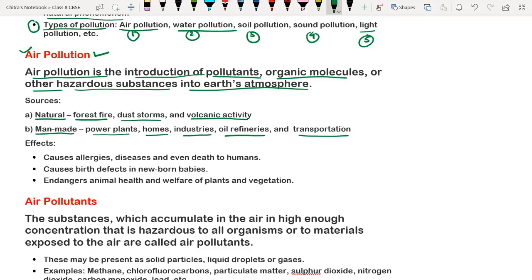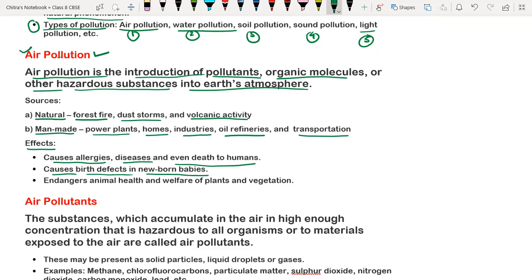Now we have to understand the effects of air pollution. They cause allergies, diseases, and even death of humans along with other animals. It causes harmful effects not to humans only, but to animals and plants also. It causes birth defects in newborn babies.